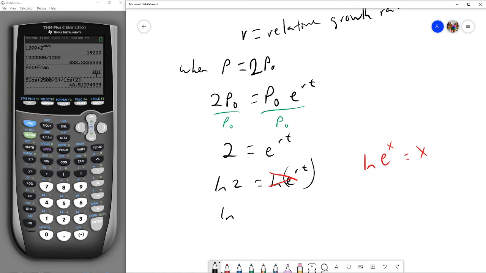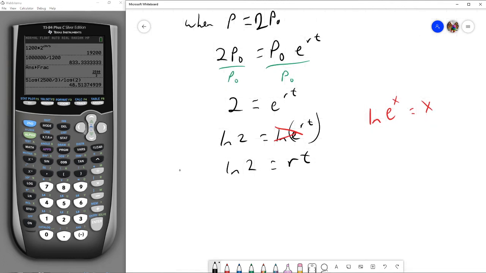So we have natural log of 2 is equal to rt. If we divide by t, this tells us that r will equal the natural log of 2 over t. So this gives us a relationship between rate and doubling time.